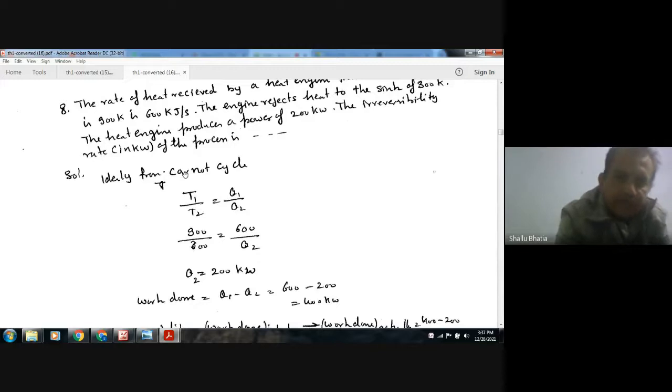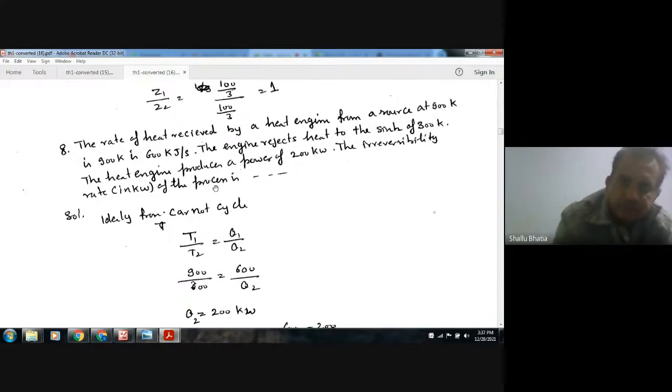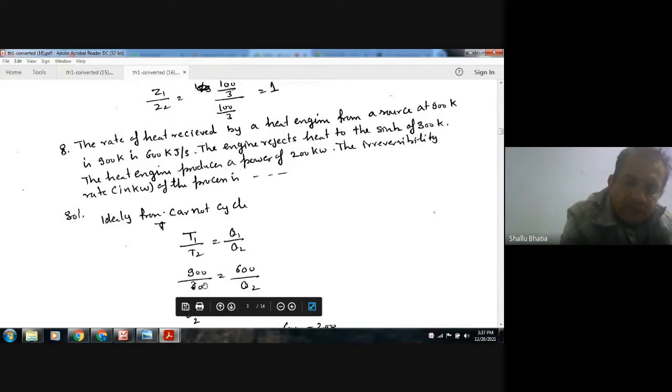Now we know that in an ideal Carnot cycle T1 by T2 is equal to Q1 by Q2. T1 is 900 Kelvin and T2 is 300 Kelvin, and Q1 is 600. Then we can find out Q2.